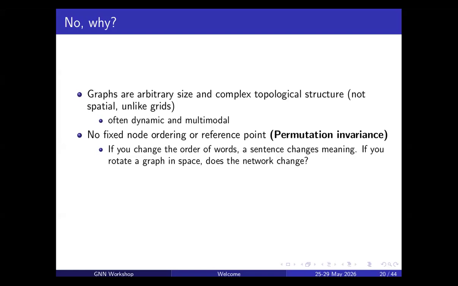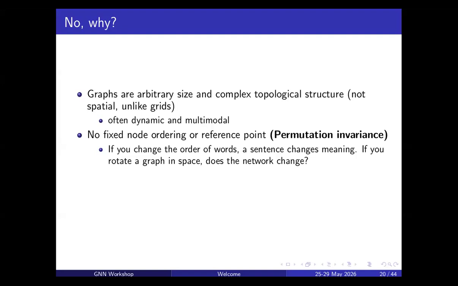But if you take a graph, there is no fixed reference point. For your convenience, we are mapping it as A, B, C, D, and so on. But just the relations matter. We can represent that in another way also. The graph can be like graph isomorphism kind of issues you may know. So if you change the order of words, the sentence changes meaning.